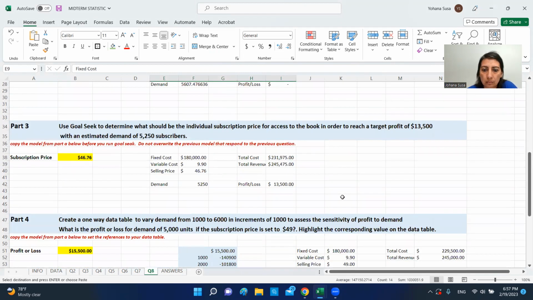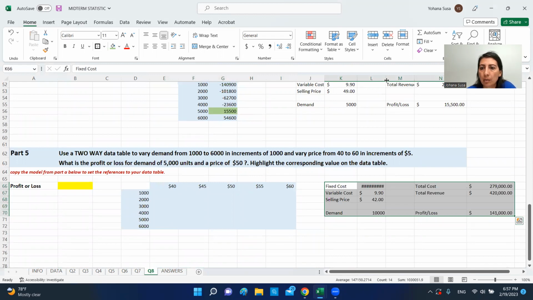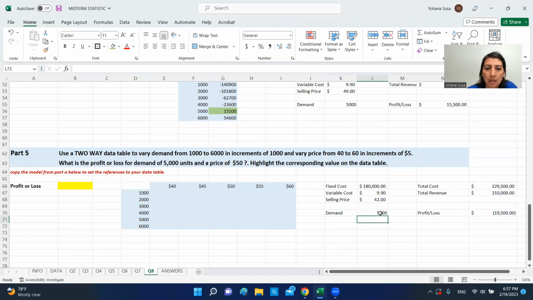I'm gonna paste it here. We're gonna work with that. Okay, so it's asking what is the profit or loss for a demand of 5,000 units at a price of $50. So this is what we're looking for.